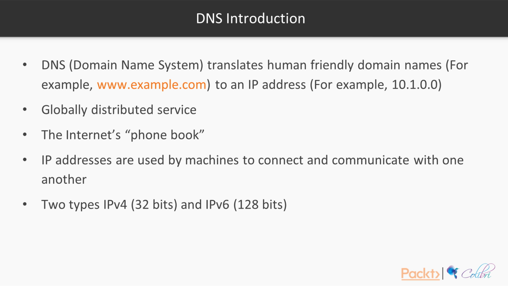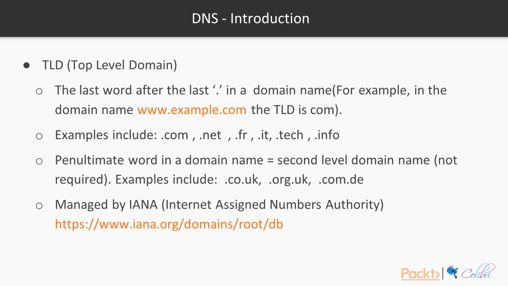IPv6 got introduced because IPv4 can support about 4 billion addresses, and because we're getting more and more devices connected to the internet, they introduced IPv6 to be able to support a lot more addresses.